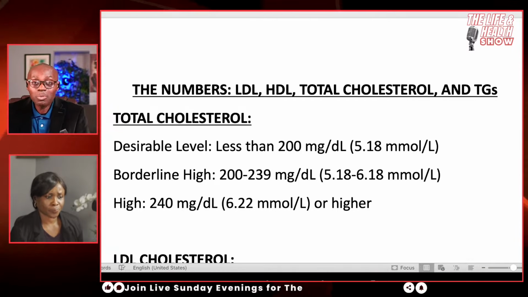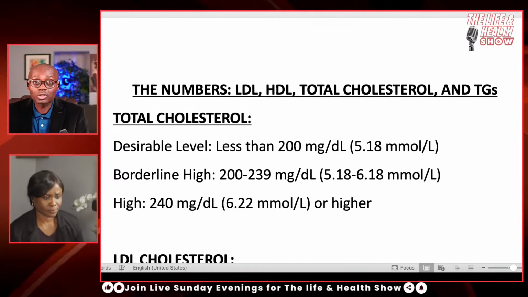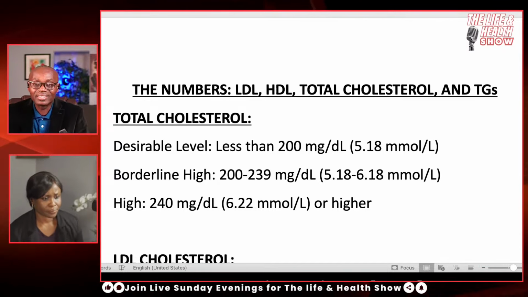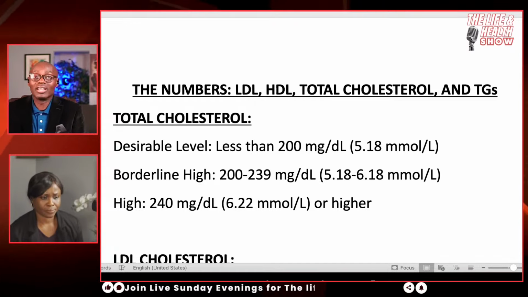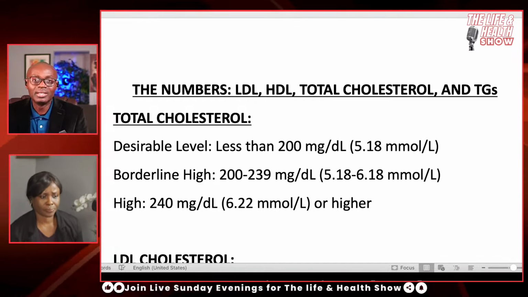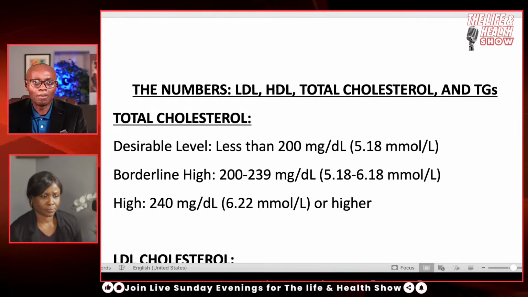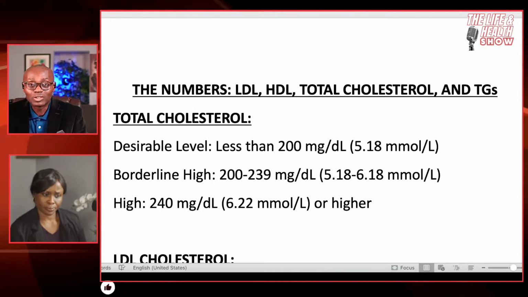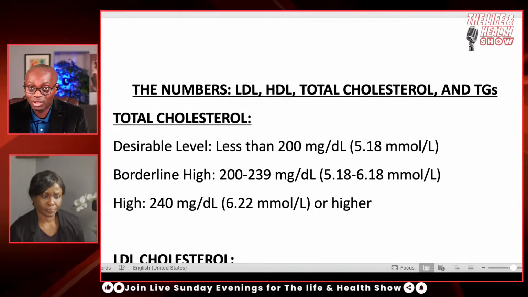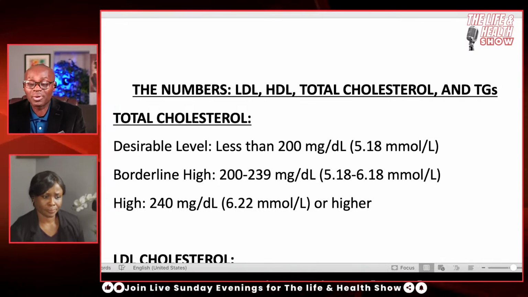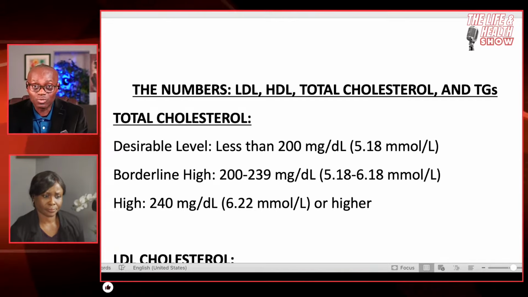All right, so the desirable level for your total cholesterol is less than 200. Simple as that. Less than 200, or less than 5.18, basically. And then if you're borderline high, it's going to be 200 to 239. So if you went to a lab and the doctor told you your total cholesterol number, it's going to be around these.